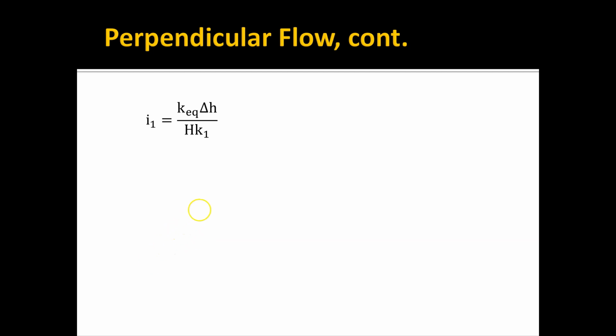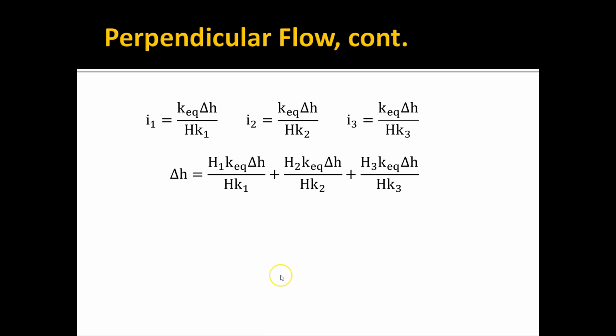And then if you do the same thing for I2 and I3, you get this set of equations. And then remember the last equation on the previous page, delta H equals H1I1 plus H2I2 plus H3I3. So if we plug these three terms in for I1, I2, I3, we come up with this term.